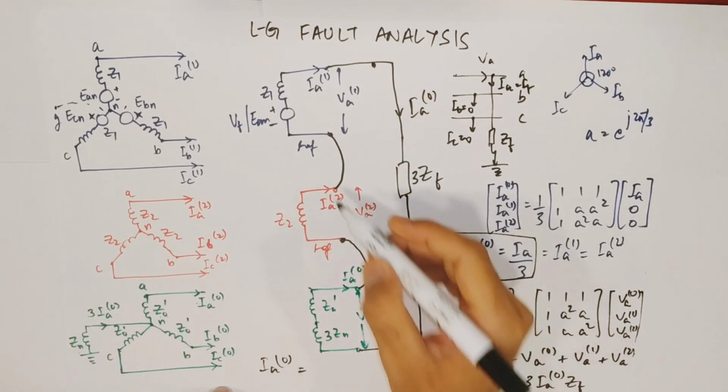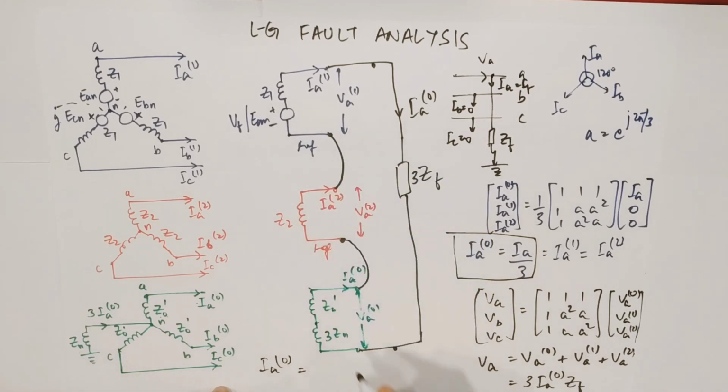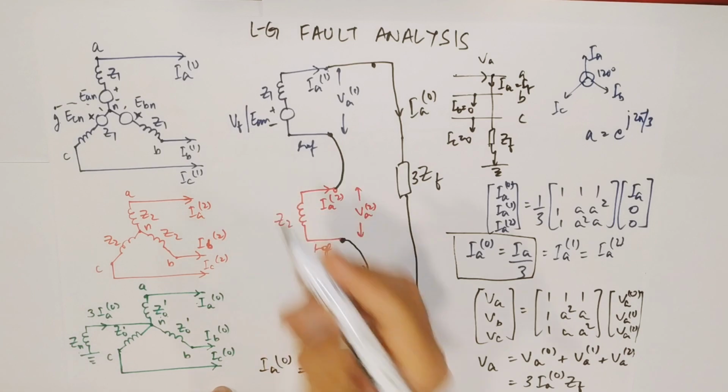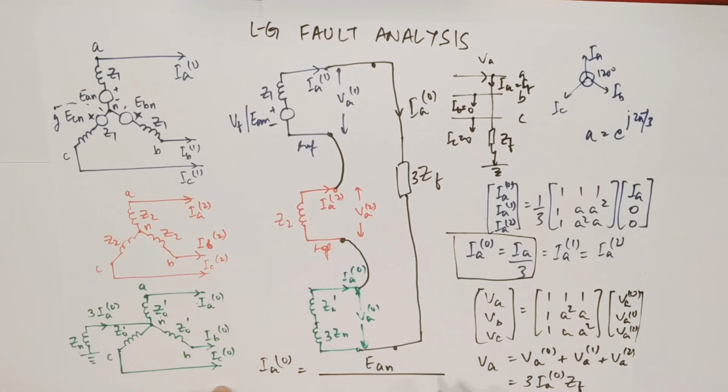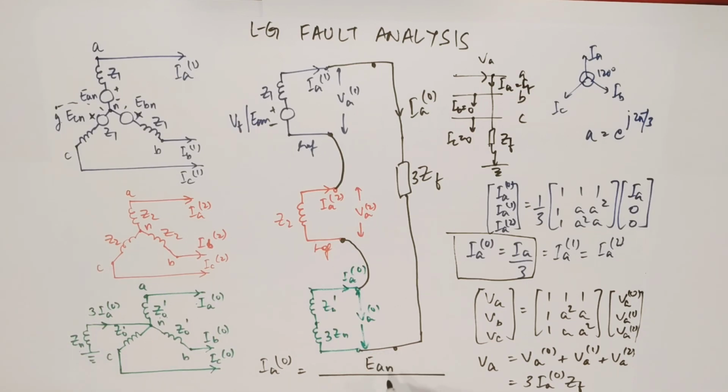we will apply Kirchhoff's law, and we will see that there is one voltage source here. That means on the top it will be only EAN, or you can write VF also. And remember, this is the phase to earth voltage or line to earth voltage, not line to line.